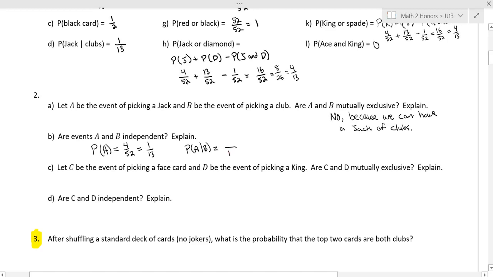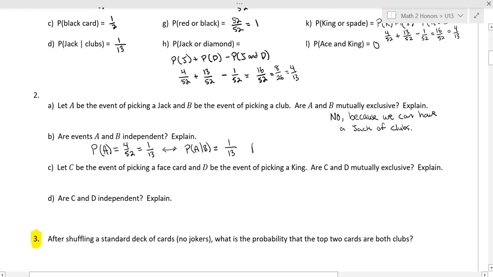And there are 13 clubs. And so out of those 13, how many are A? How many are jacks? 1. So we see that the probability of A is equal to the probability of A given B, and because these two are equal to each other, we say that they're independent.